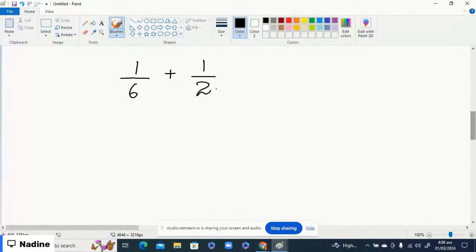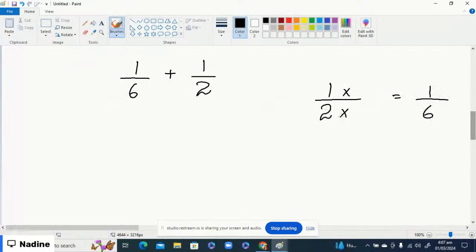We are going to make both denominators the same. How can we make them the same? We choose 1 by 2 here, and multiply and divide with the same number, so that we get 6.